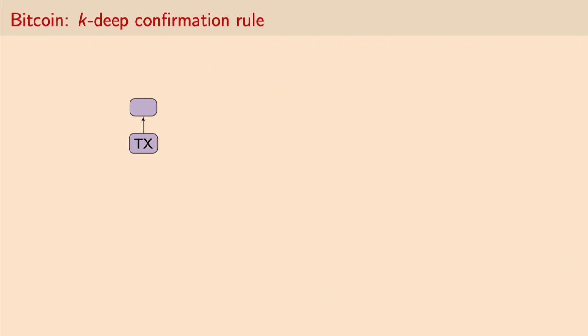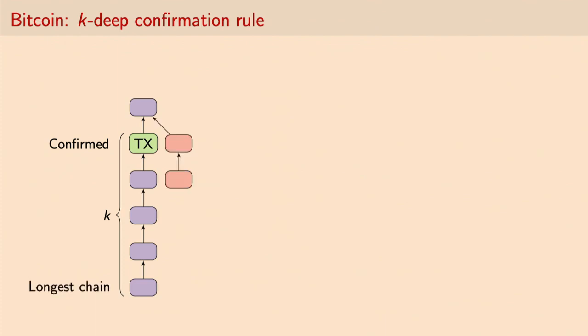Nakamoto proposed a solution, which is that instead of confirming a transaction immediately, we wait for the transaction to be buried K deep inside the longest chain. That helps because even if the attacker can get lucky for the first few blocks, it's very unlikely that the attacker can get lucky in the long run because, after all, the attacker has less mining power than us, right?